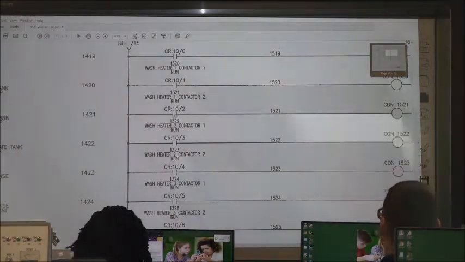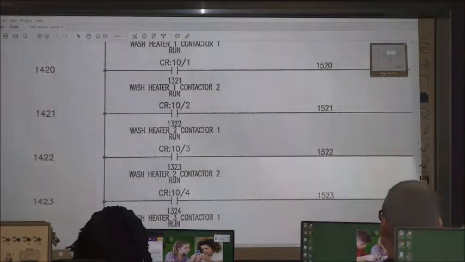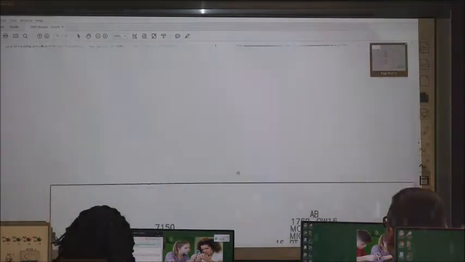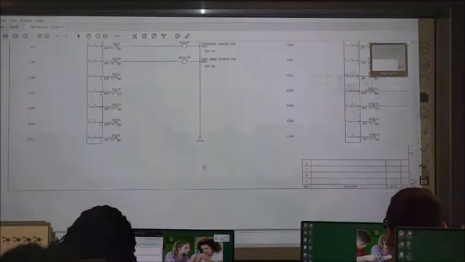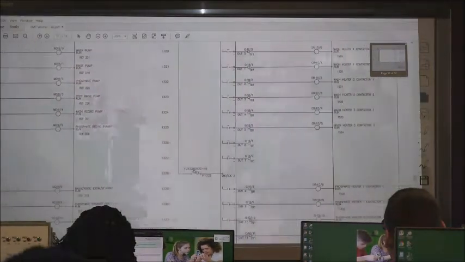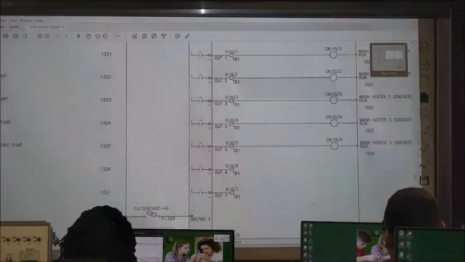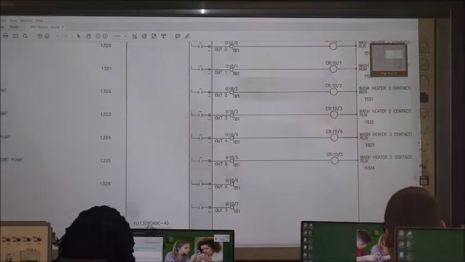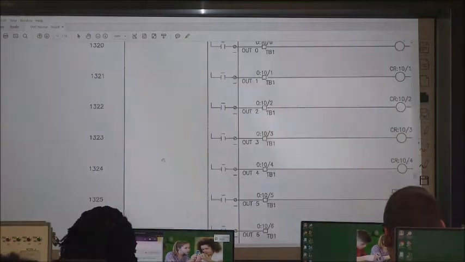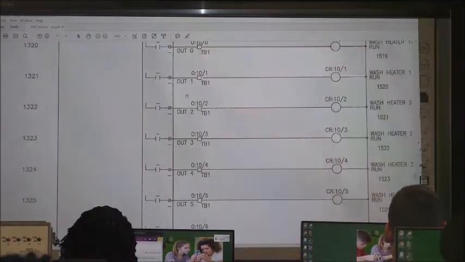Not a real good reference, but if you look a little closer, there's a reference number right here, right? 1322. So we go to sheet 13, line 22.